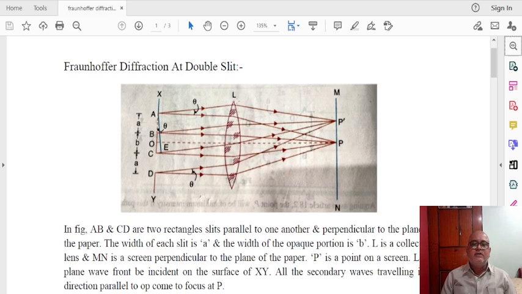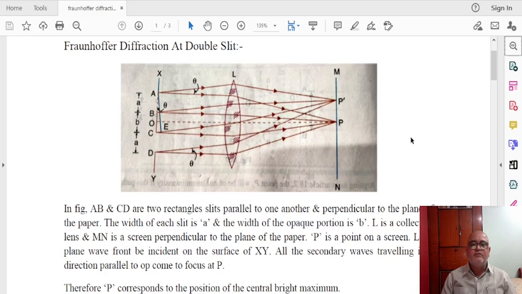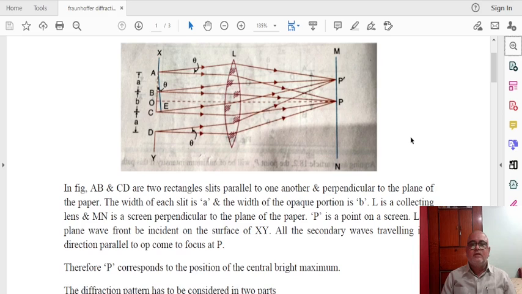See the ray diagram, which is a very important one, and we will discuss this ray diagram.